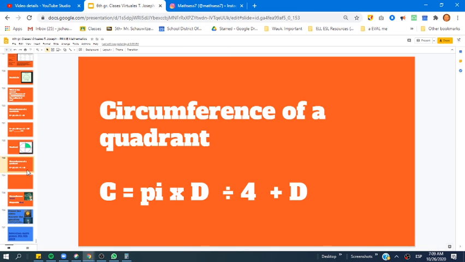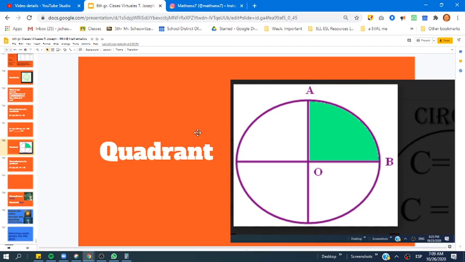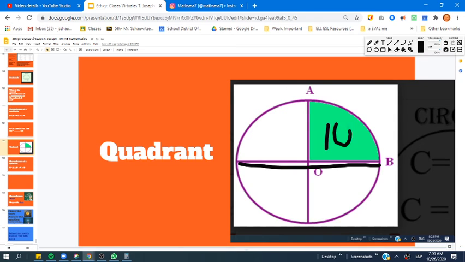So let's do that. If we have, for example, our diameter could be 10. Let's just do an example right here. Let's say our diameter is 10 meters. Okay, I'm going to take my circumference is equal normally to pi times my diameter.